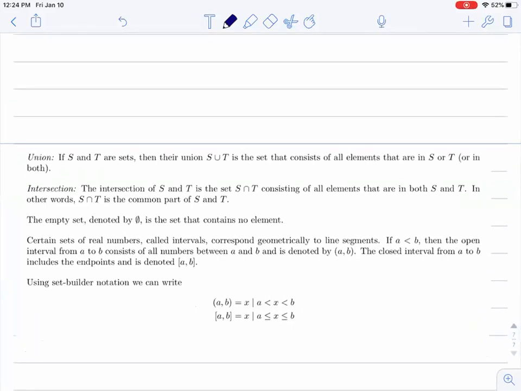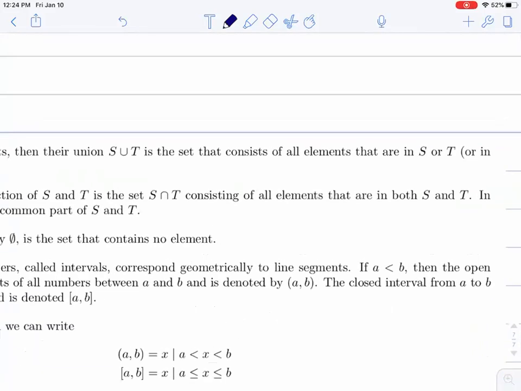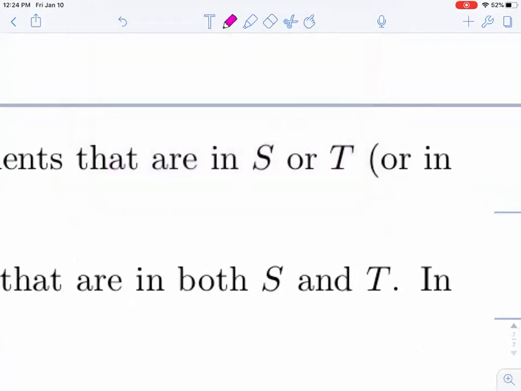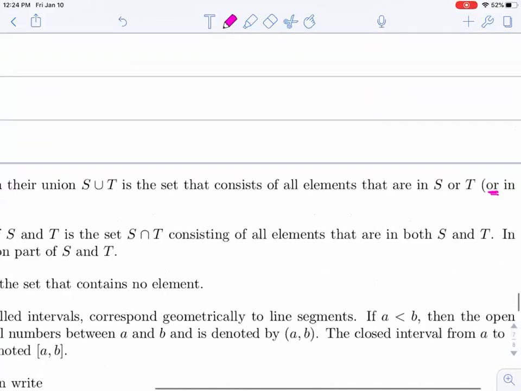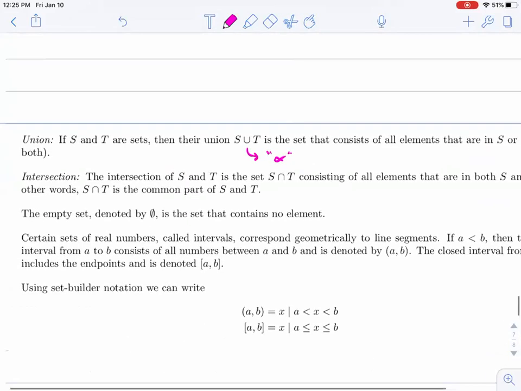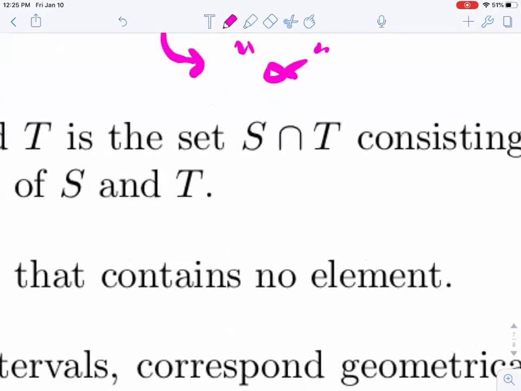The key here is that we've got this "or." So the union, you can read as "or," S or T. Whereas the intersection is this upside down U, or a cap.